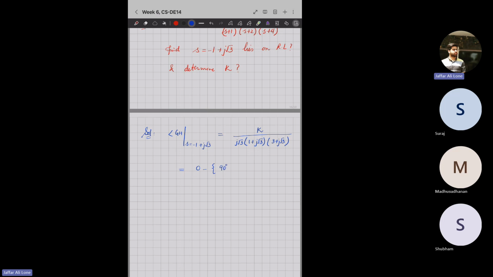So I directly wrote 90, then plus, this is root 3 by 1, so it's 60 degree, tan 60 degree plus 30 degree. Nine threes are 9, 120. So this is again minus 180, an odd multiple. Therefore, the point lies on the root locus.